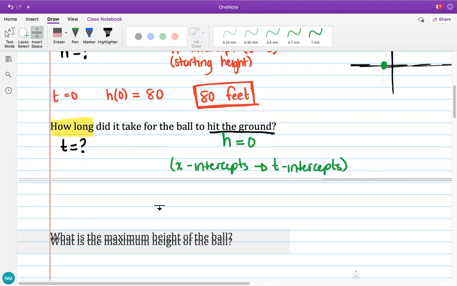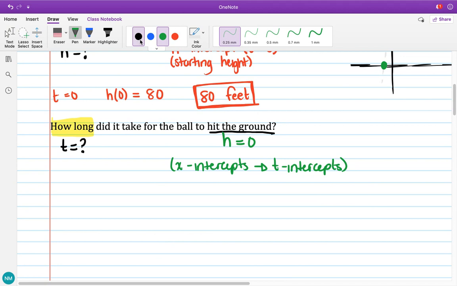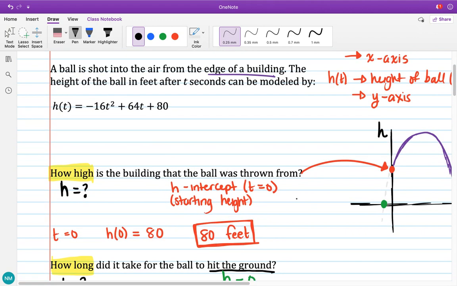Now, how do we find the x-intercepts of a quadratic in standard form? There are 2 ways. We went over all of this, but just a reminder, we can use factoring and we can use the quadratic formula. I am going to use factoring because in our equation, we have a GCF.